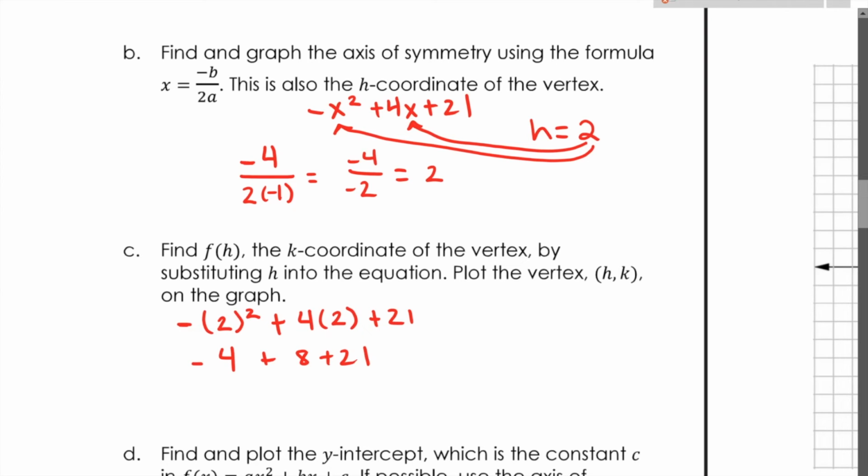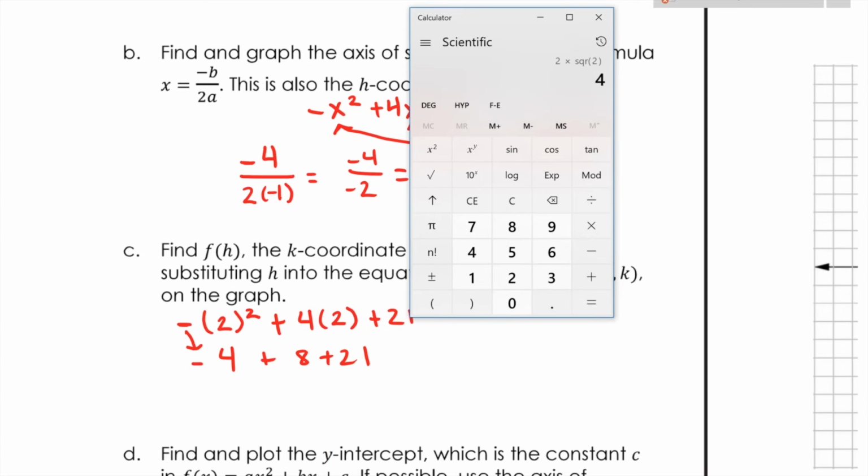The only thing is this is a negative, so I'm going to drop that down. Now let's put this into our calculator. I have -4 plus 8 plus 21, which should give you an answer of 25.